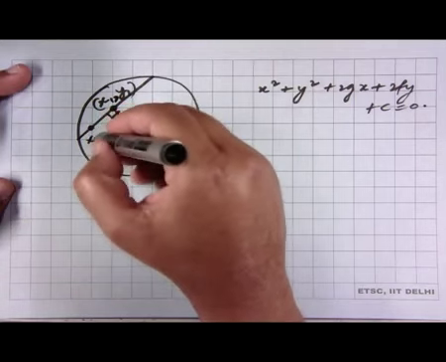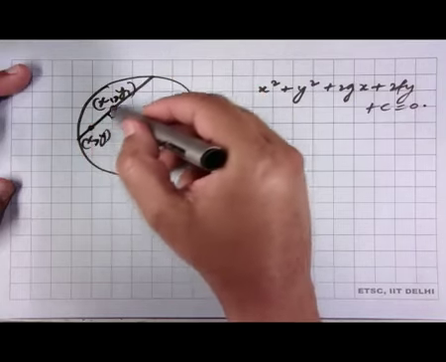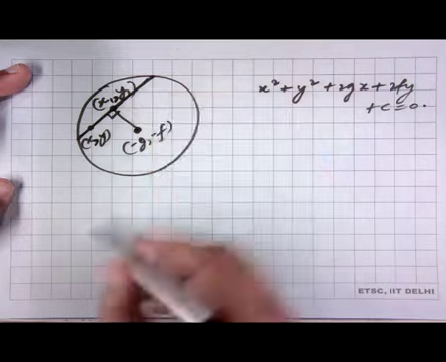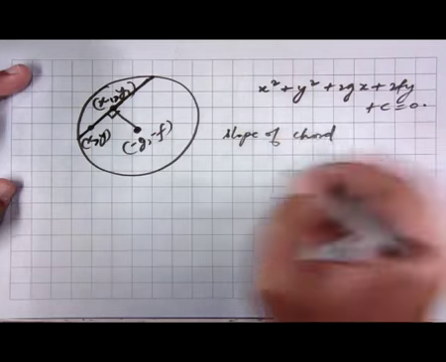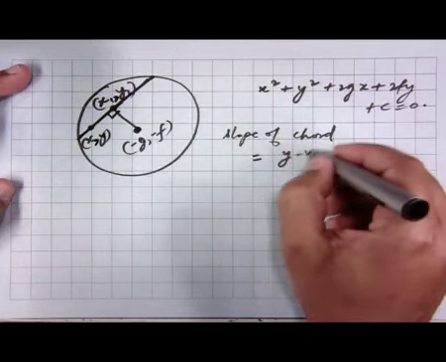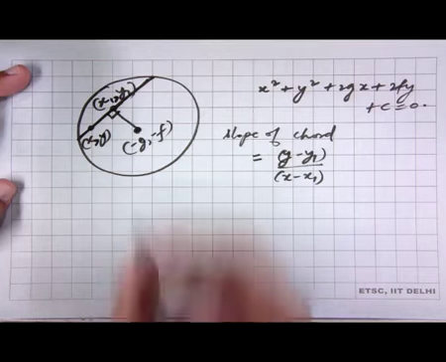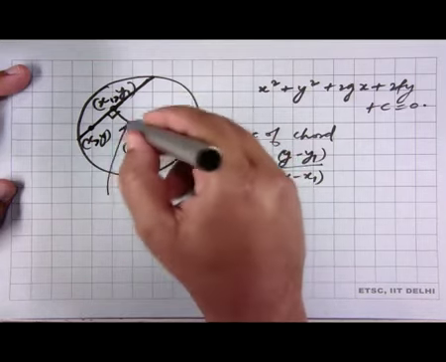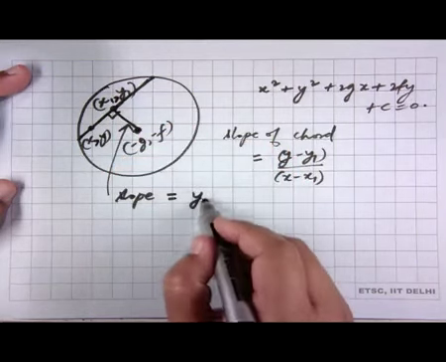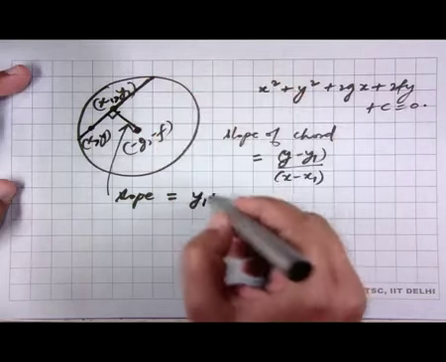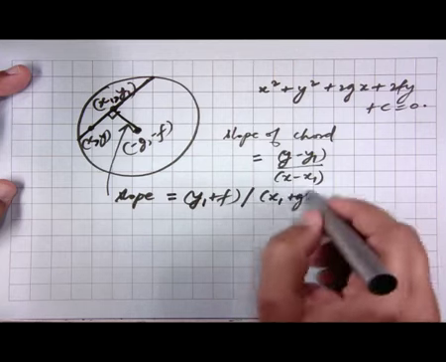Let us say there is any other point x y on the chord, then the slope of this chord is, and the slope of this straight line is equal to y1 minus minus f divided by x1 minus minus g, which is this.